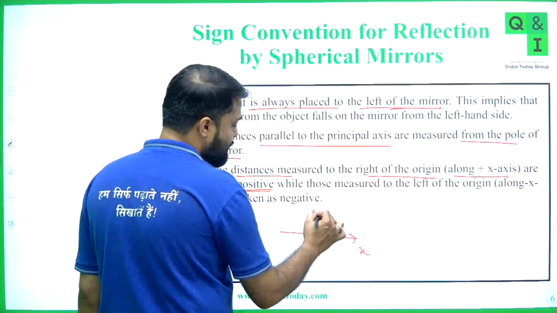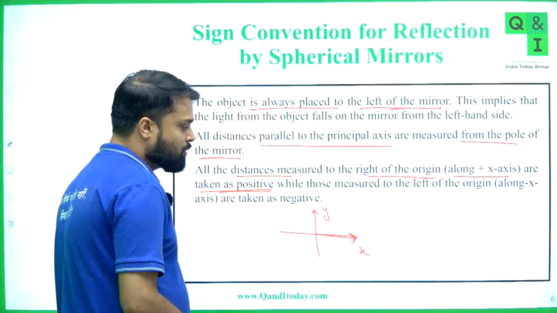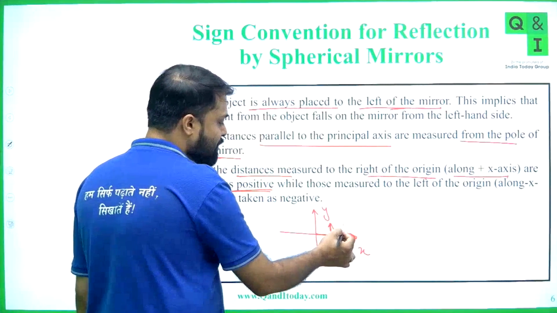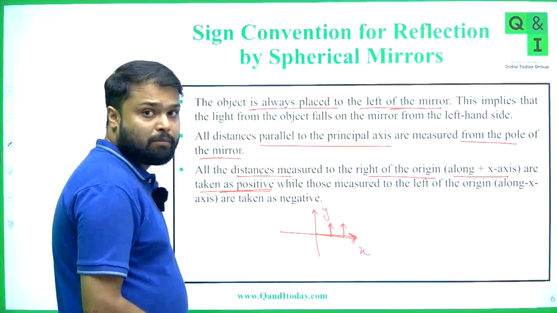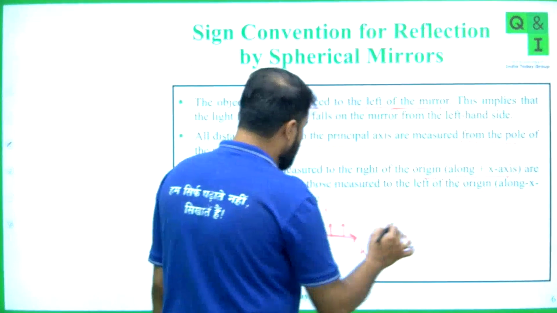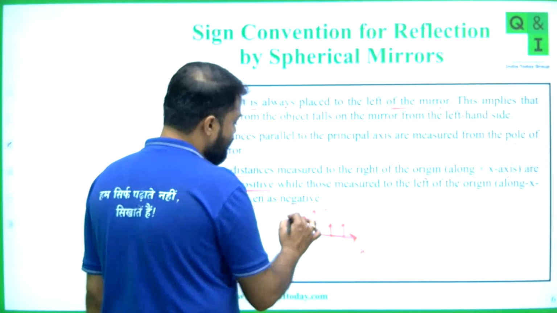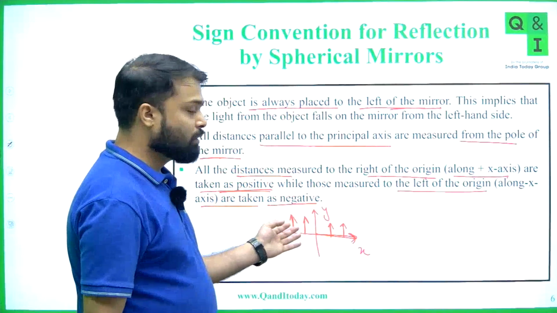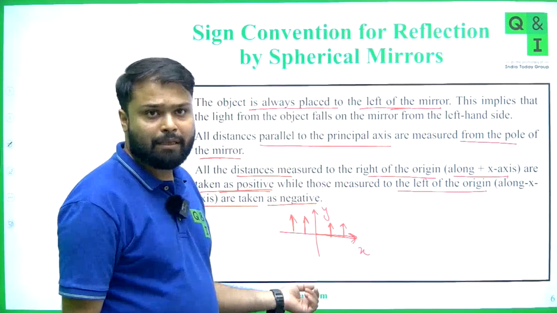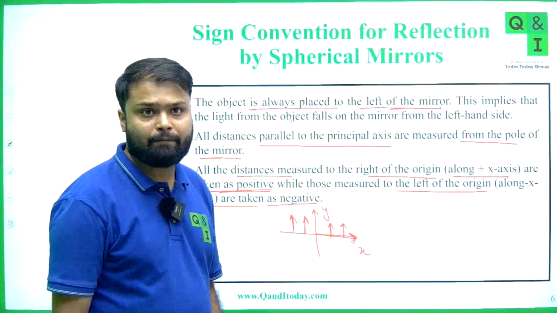This is the x-axis, this is the y-axis. So this is towards the right side, that is towards positive. If the object is here, or the image formed is here, we take values as positive. Otherwise, if they are measured to the left of the origin, that is along the negative x-axis, then they are taken as negative. So if the object is placed towards the left side, we take u as negative, or if the image is formed towards the left side, we take v as negative.